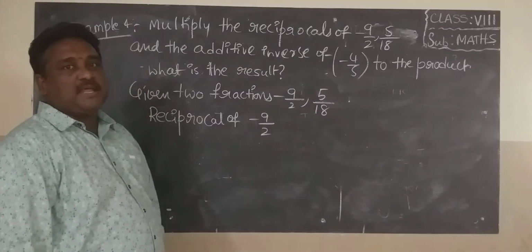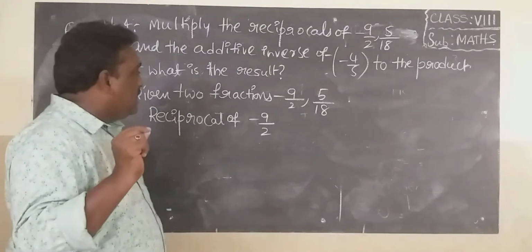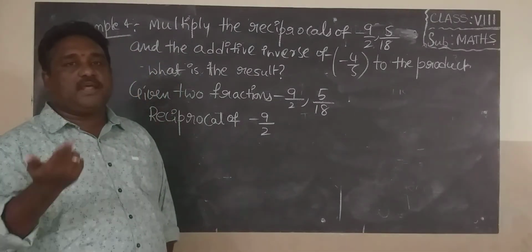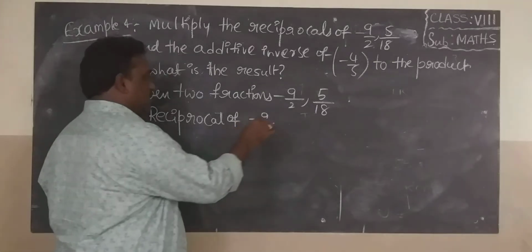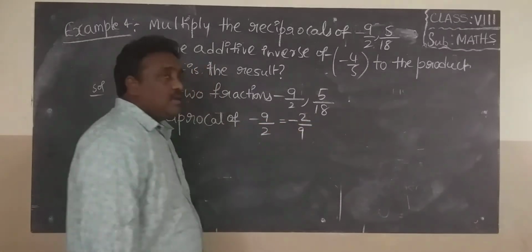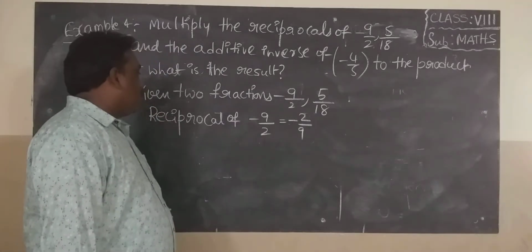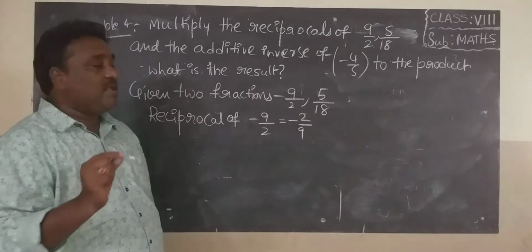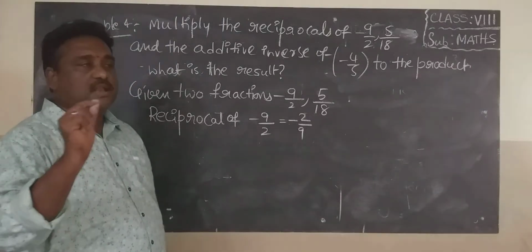What is the meaning of reciprocal? Numerator becomes denominator, denominator becomes numerator. So the reciprocal of minus 9 by 2 is minus 2 by 9. Reciprocal means reverse.